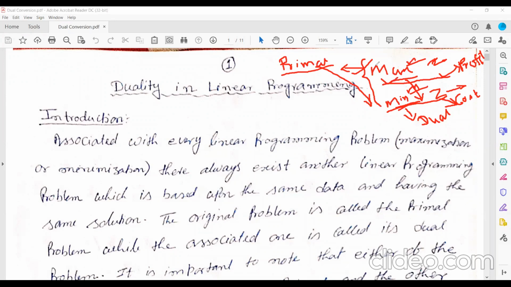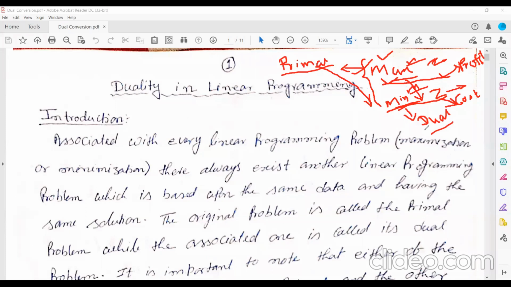If your primal is maximization, then the dual will be minimization. And if your primal is minimization, then its dual will be maximization. So vice versa. That means if you are given a linear programming problem that is a maximization problem, then whenever you construct a dual LPP from it, the constructed problem will be minimization.